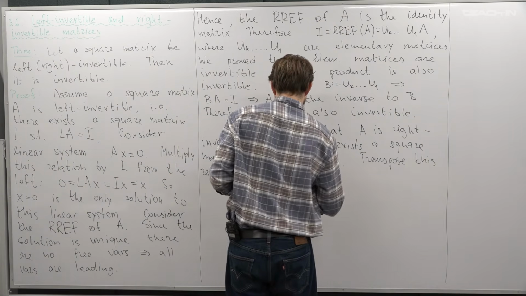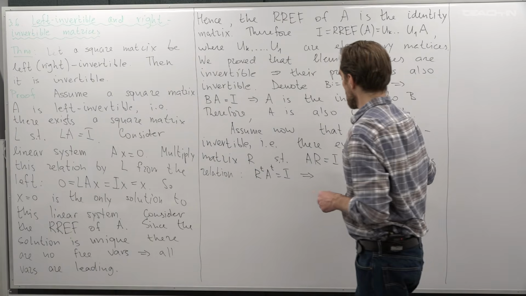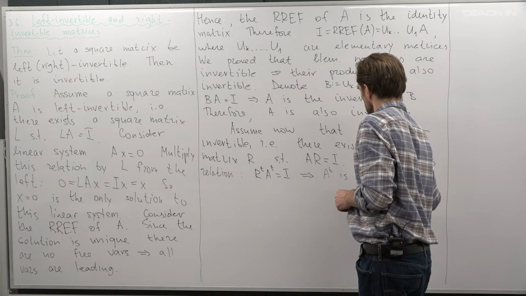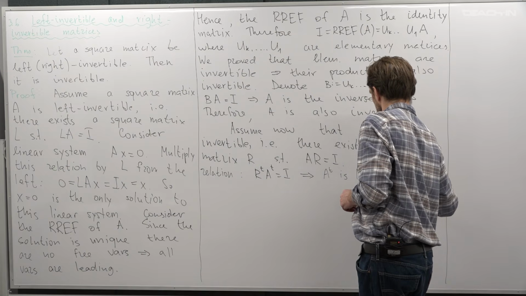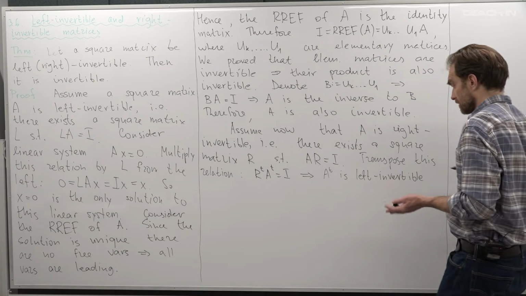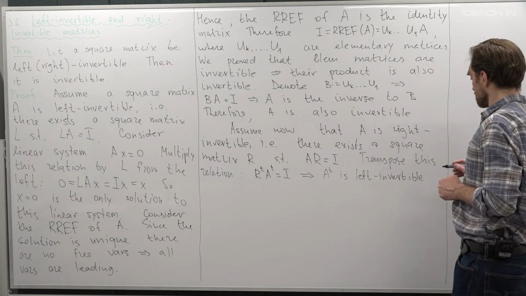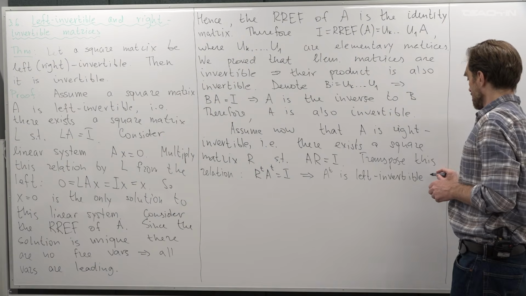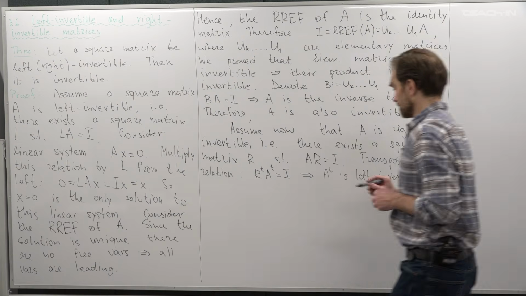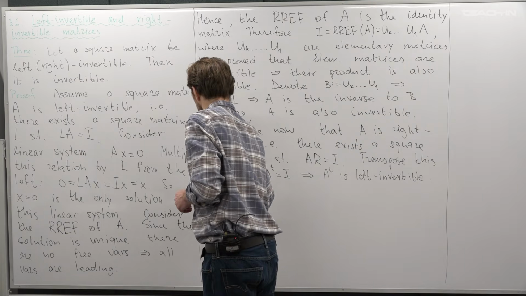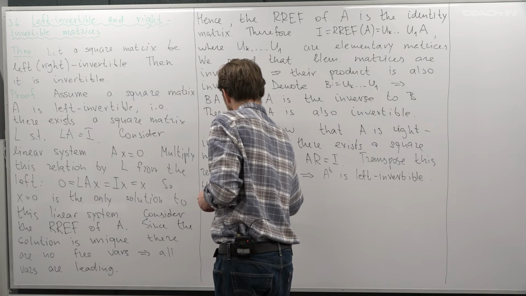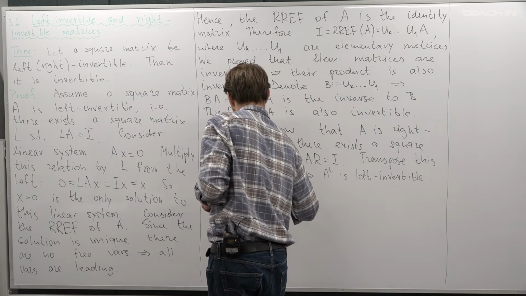So we see that A transpose is left-invertible. Since A transpose is left-invertible, according to the previous statement, it is invertible. We already proved this. Hence, A transpose is invertible.